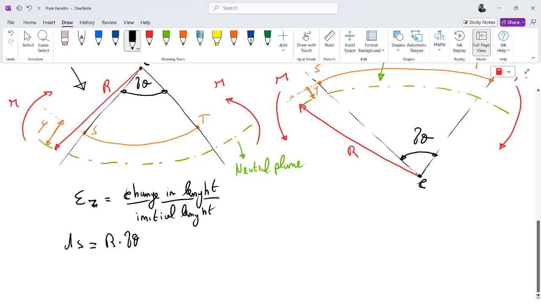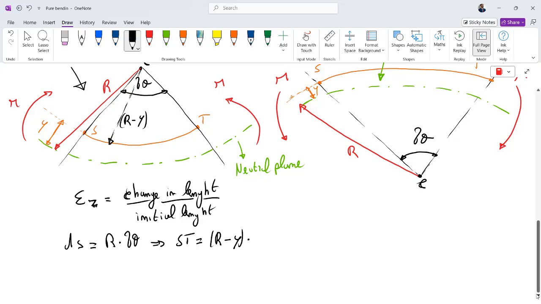In this case, ds is our ST, so the new ST length is equal to radius r minus this distance y.